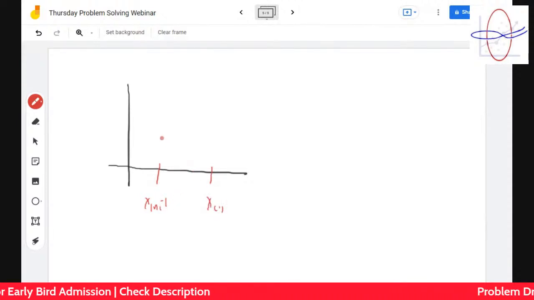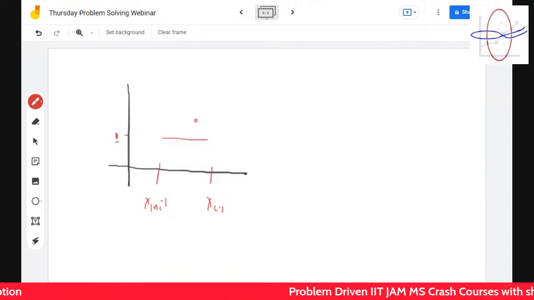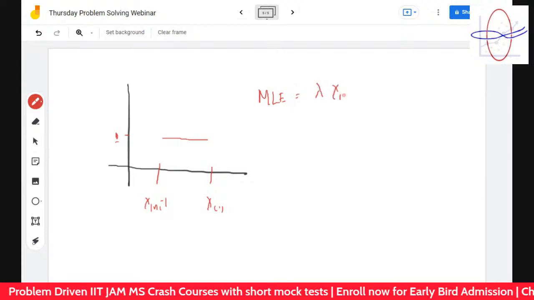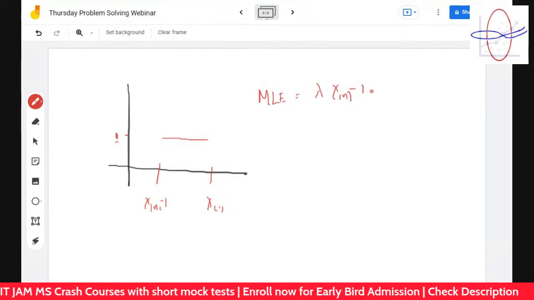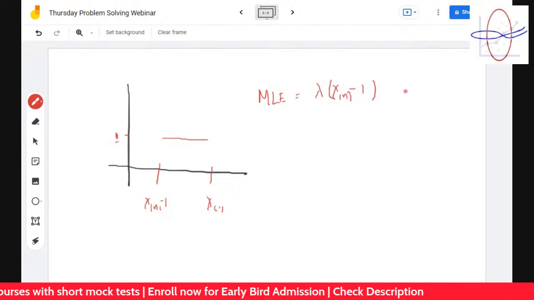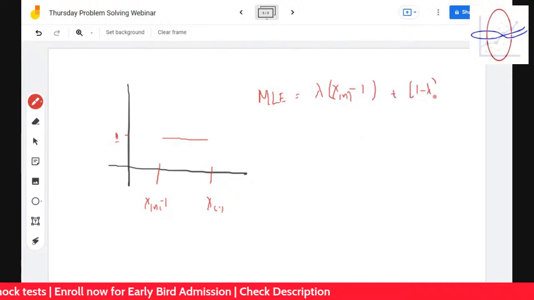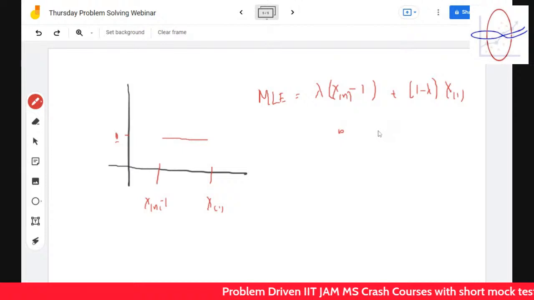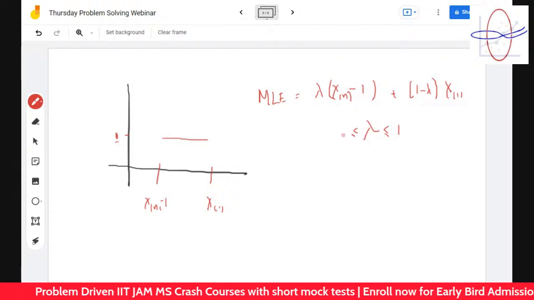So the MLE is not unique, and the MLE can be written as some lambda times xn minus 1, plus 1 minus lambda times x1, is an MLE, where lambda is less than or equal to 1 and greater than or equal to 0.